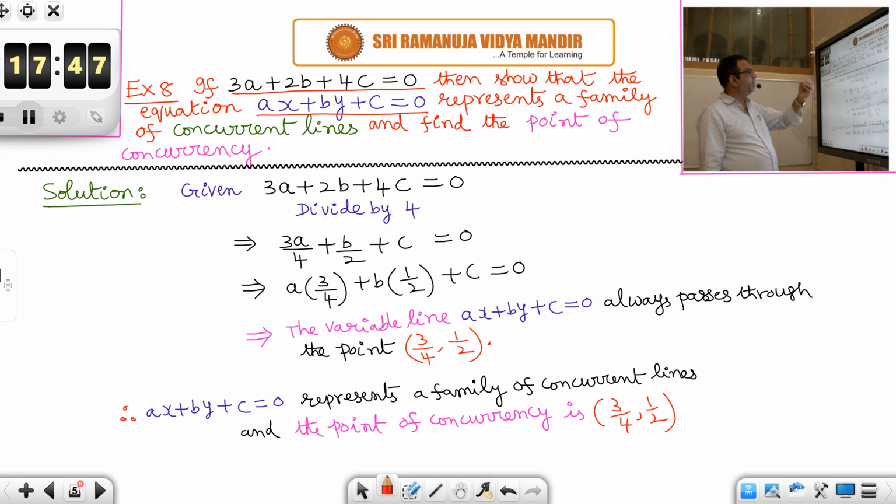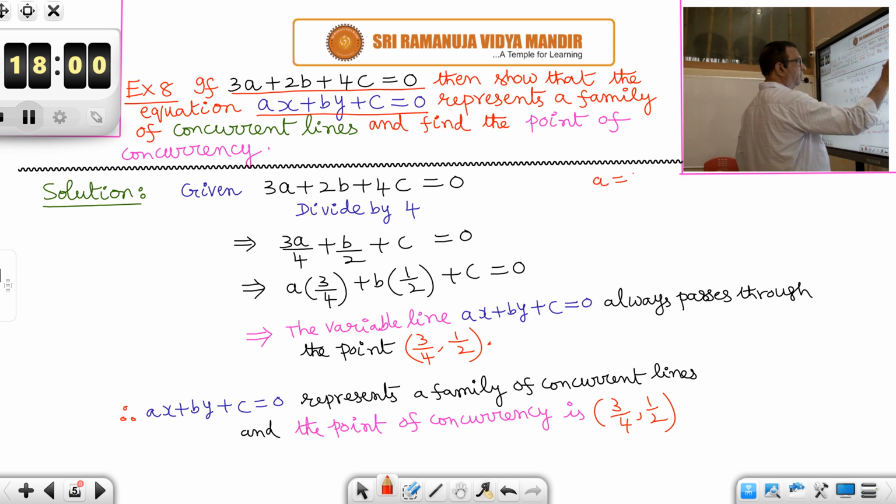For example, give me some numbers which are satisfying that condition, 3a plus 2b plus 4c equal to 0. I will take a is equal to 6, and c is equal to 3.